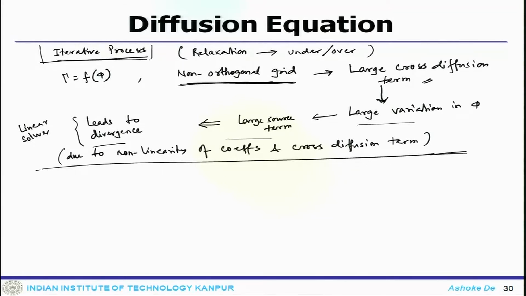So, one has to do two things, mostly, in order to promote convergence as well as stabilize the solver.